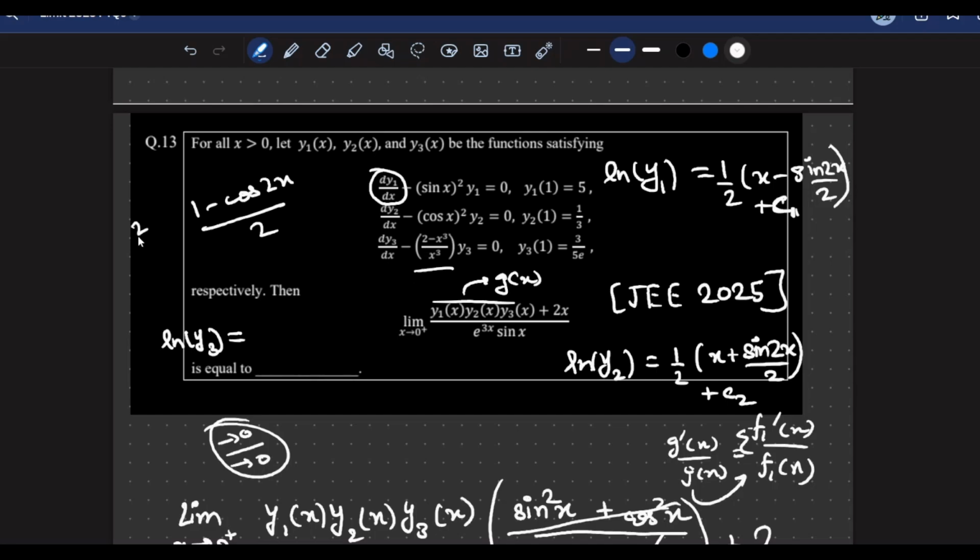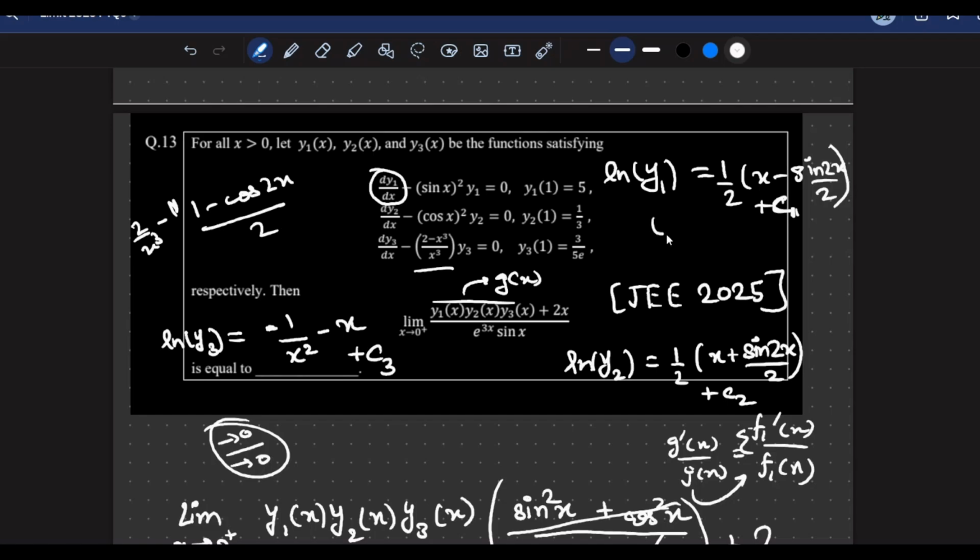The simplified expression came out to be 2 by x cube minus 1, something like that, right? So it'll be minus 1 by x square, I am integrating mentally, it is really easy, minus x plus some c3.